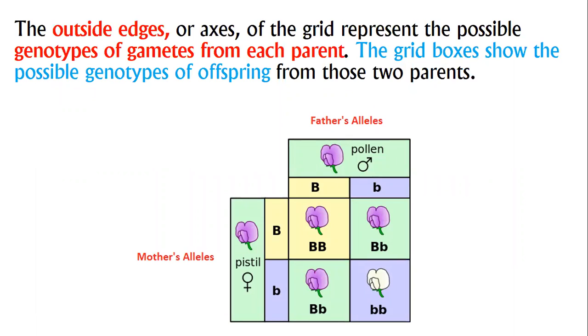The outside edges of the Punnett square represent the genotypes of gametes from each parent, while the inside boxes, or the grid boxes, show the possible genotypes of the offspring.